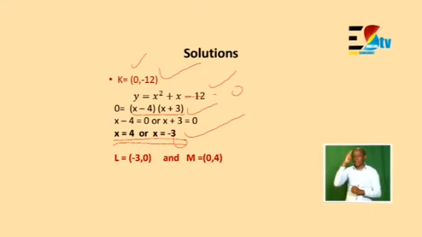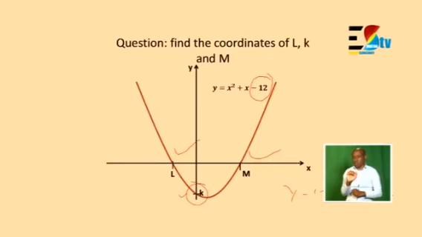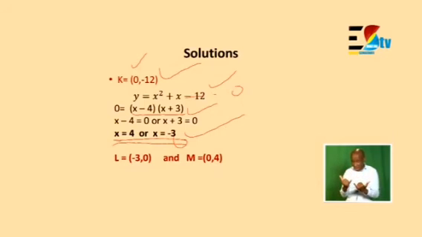Remember, we want the coordinates, not just values. So remember, for the x-intercept, we said y is equal to 0. So hence, what we are getting is the x values. Then for the y values, we just put a 0. Hence, we have these coordinates, negative 3, 0, and 4, 0.